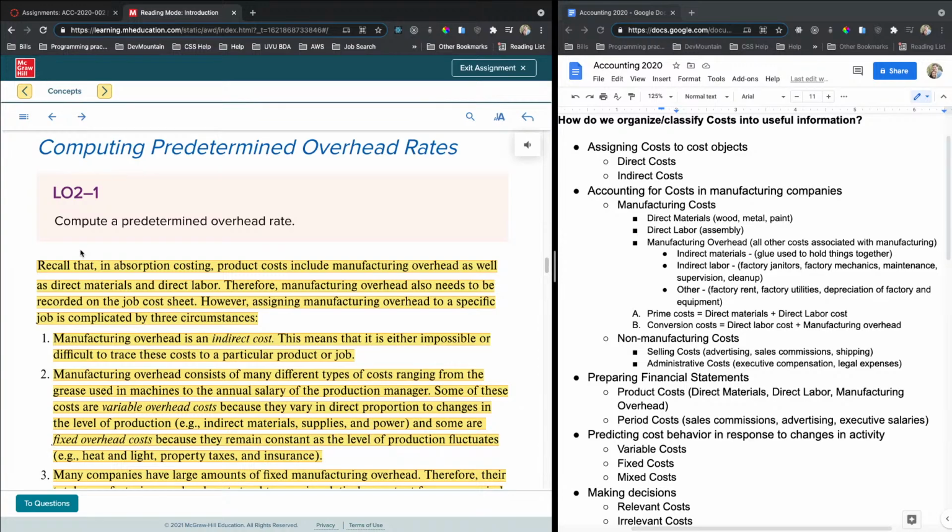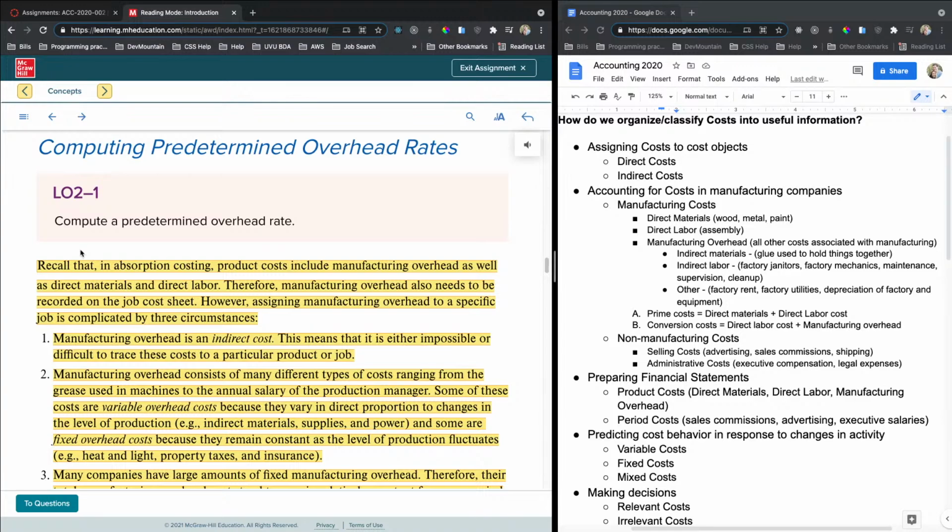This means that it's either impossible or very difficult to trace these costs to a particular product or job, especially if you're manufacturing several things on the same day. I assume your company is doing business and isn't just doing this one job.